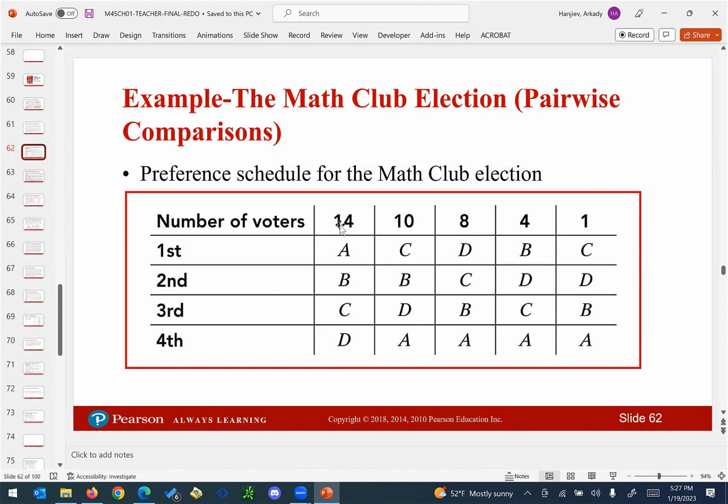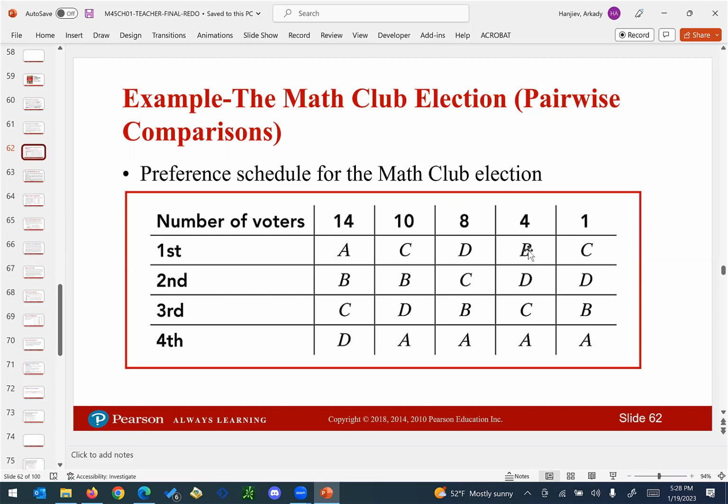In the column with 14 votes, A wins over B because it's higher in the column. So A gets 14 points. You go into the next one, 10 points. Oh, look at this, notice B is higher than A this time. So B is going to get 10 points. You go on to the next one. B is again higher than A. It's going to get 8 points.